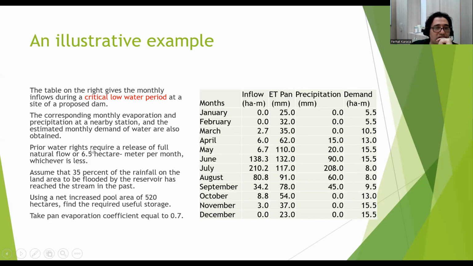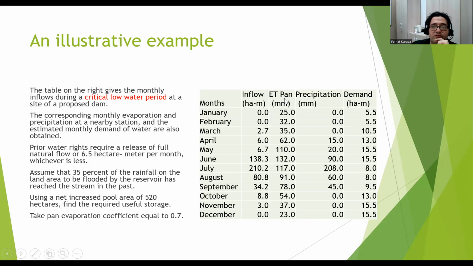And prior water rights require a release of the full natural water flow or 6.5 hectare per meter per month, whichever is less. I'm going to explain what it is. Then assume that 35% of the rainfall on the area to be flooded by the reservoir had reached the stream in the past.